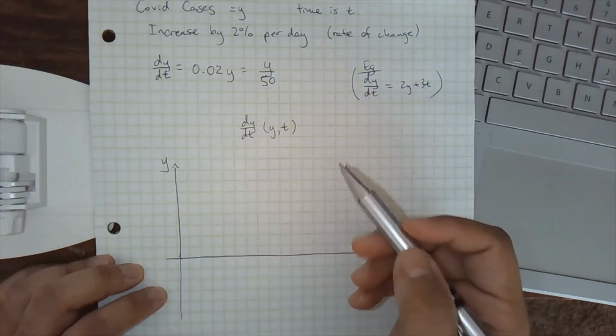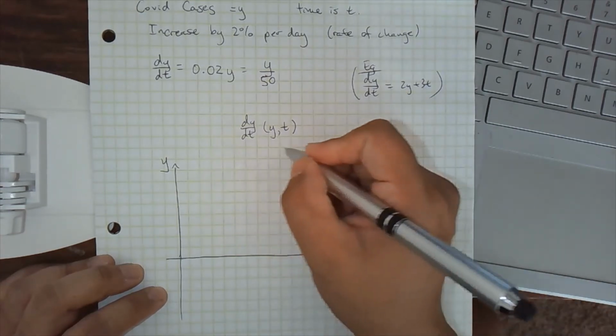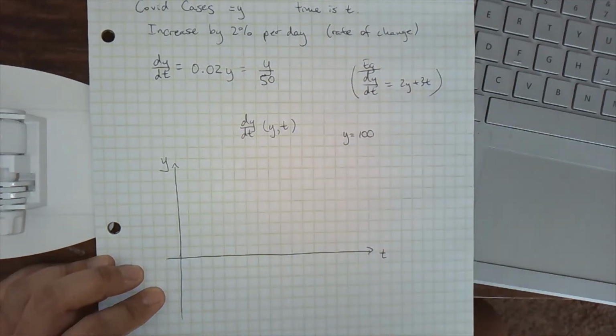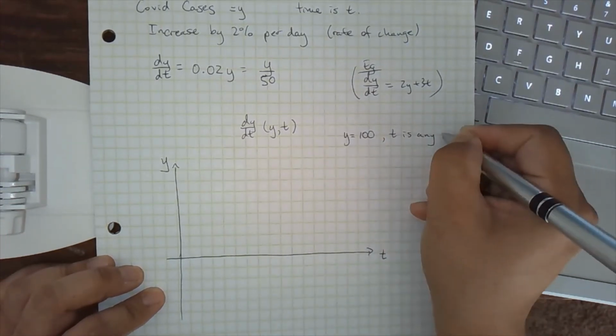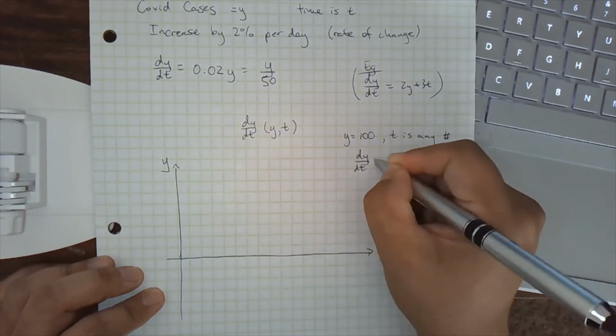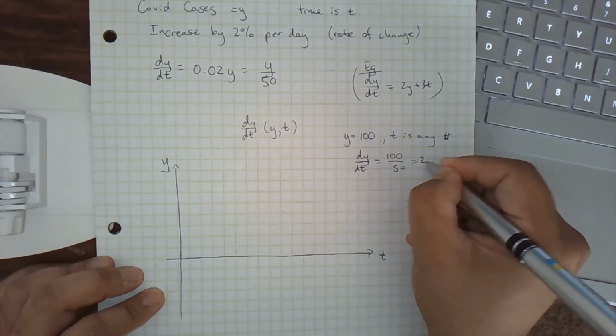But that means if I pick a value of y, let's pick y equals 100. So if y equals 100, and t is any number, then dy by dt is going to be 100 over 50, which is 2.